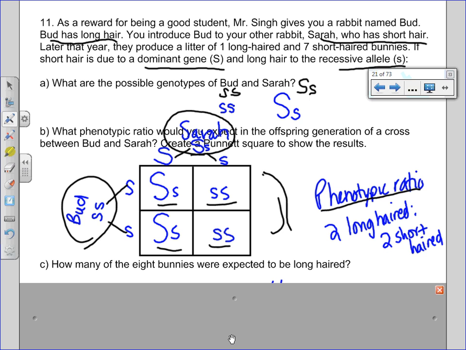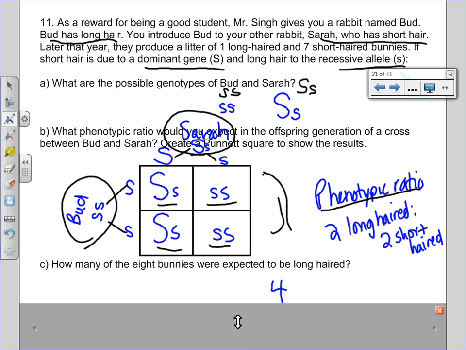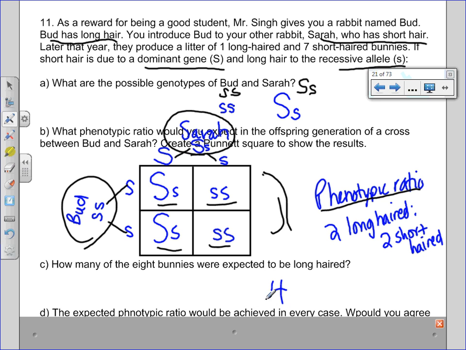In other words, you're trying to find half of 8. That would be what's expected. So anytime we do a Punnett square, it's giving us expected results, not necessarily what you're going to see in nature, because nature is by chance. If we looked at a whole lot of different litters that they had, we'd probably get close to what's expected. But this one is by chance. So half of 8 would be 4. You'd expect 4 of them to be long-haired.